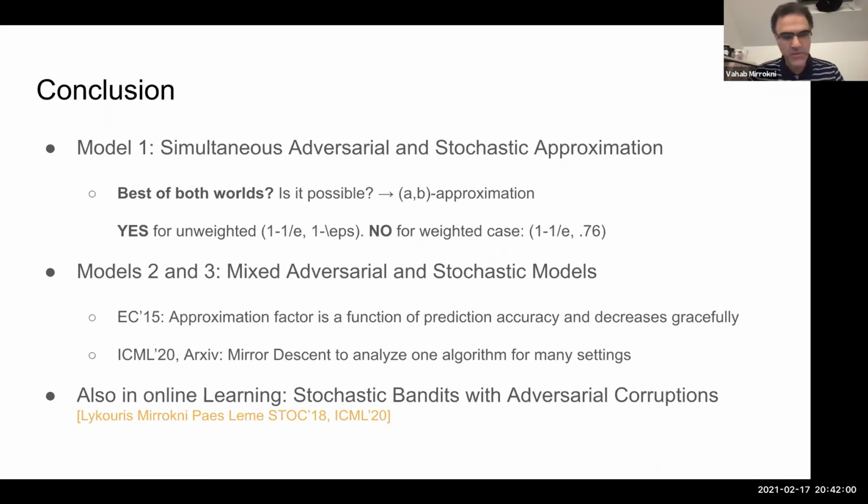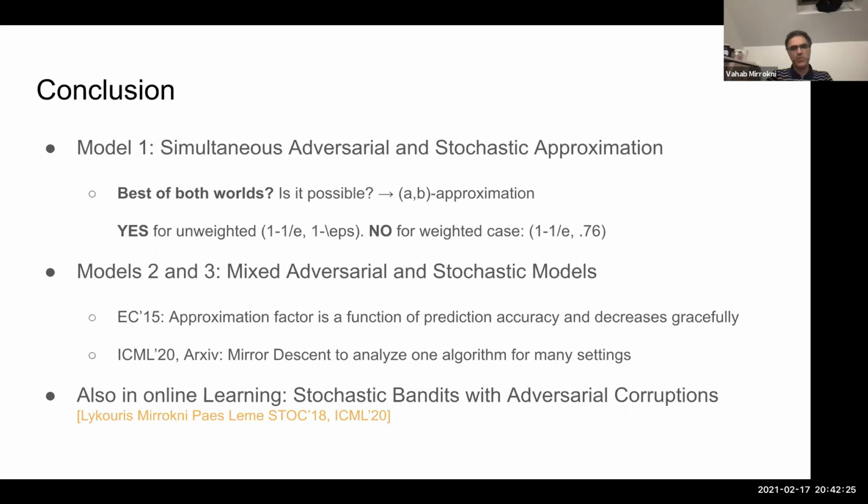Another thing I want to emphasize before moving to the next section is that we can generalize this conceptual idea of designing online optimization algorithms that are robust against corruptions to online learning. In that case, we want to design bandit algorithms that perform well under stochastic bandits, but with adversarial corruptions.